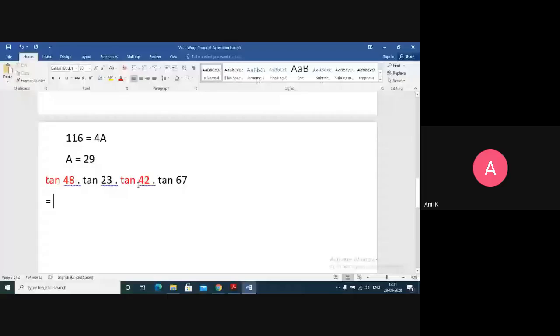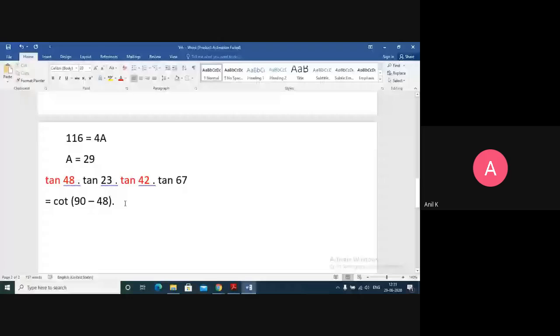Tan 48 I can write as cot(90 minus 48). Similarly, I have to convert one of the others, so I'll convert tan 23 only. I put cot(90 minus 23), and the remaining ones I'll keep as they are, tan 42 and tan 60.